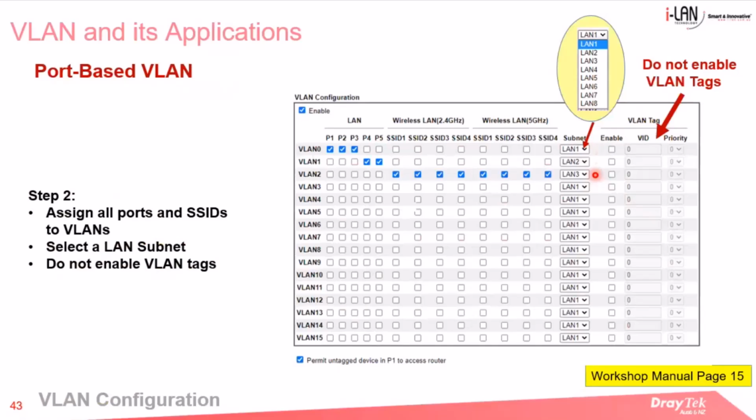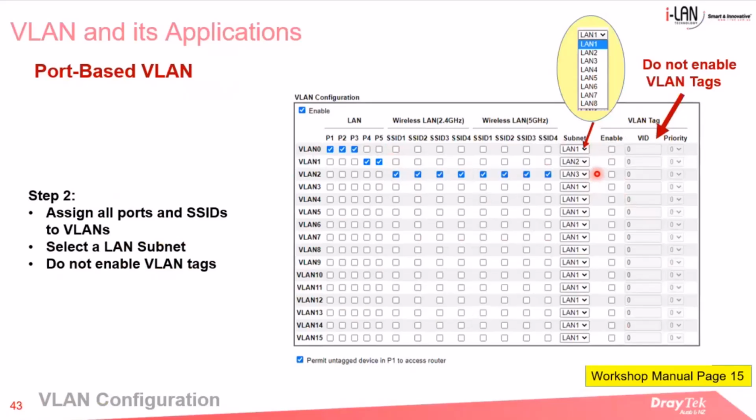But I believe in the latest firmware you don't have to assign all of them. We always recommend doing that because there will be less confusion when we're trying to troubleshoot an issue. The number of ports shown here, P1 to P5, and the LAN subnet vary by the router model.